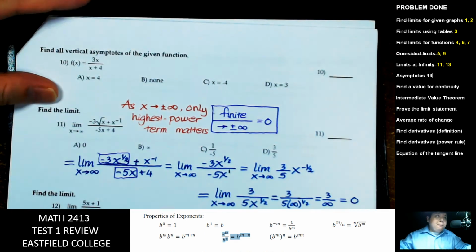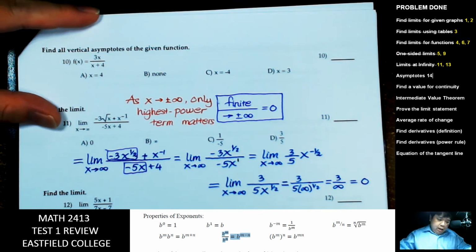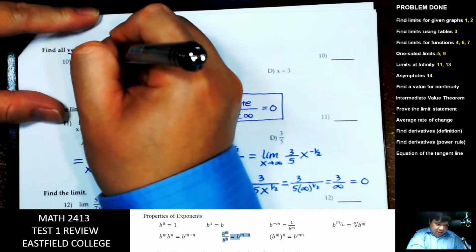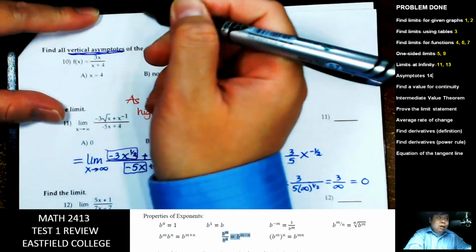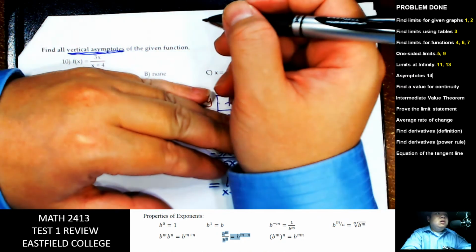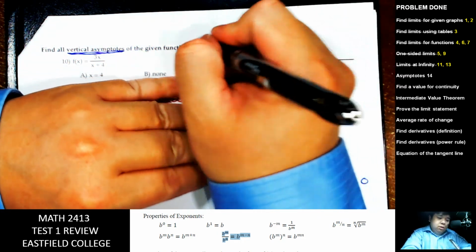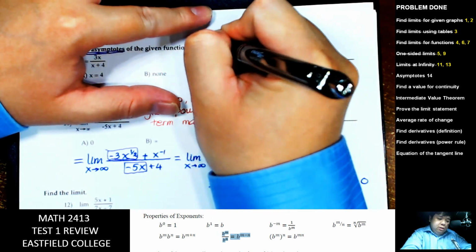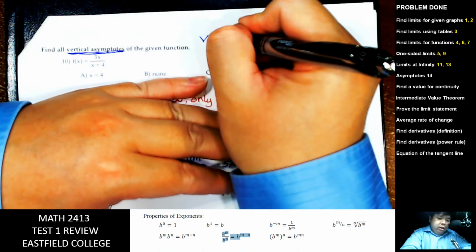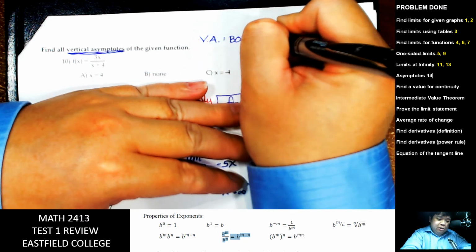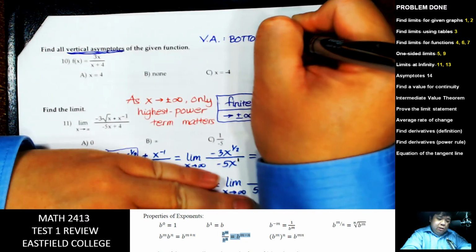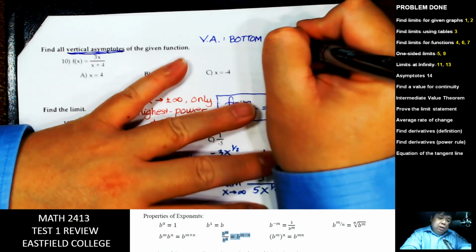Right, 10. The vertical asymptote. Let me write out what we need. For the vertical asymptote, we will make the bottom equal to 0, but the top is not.